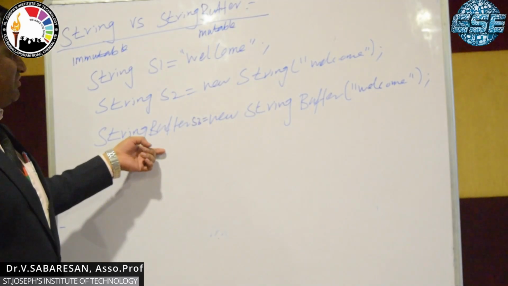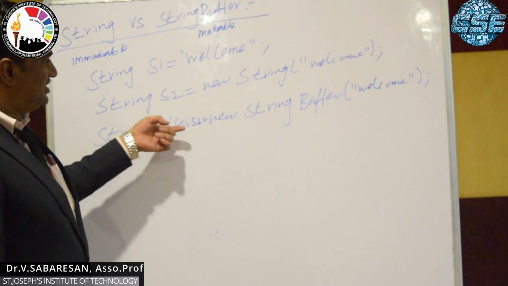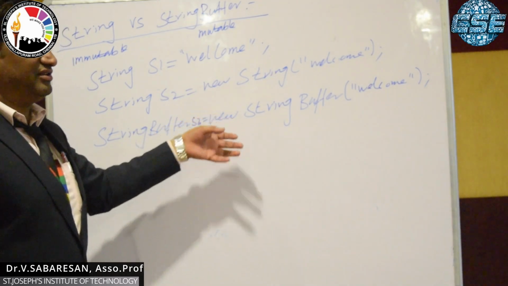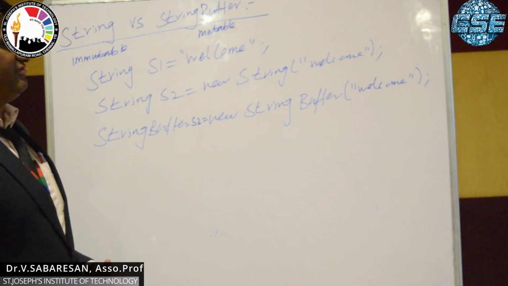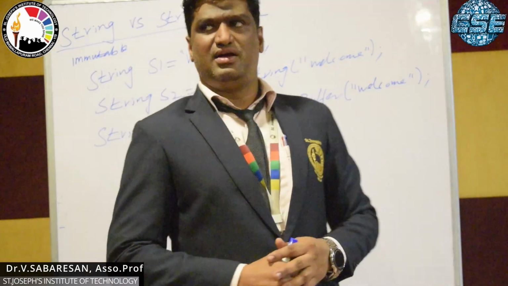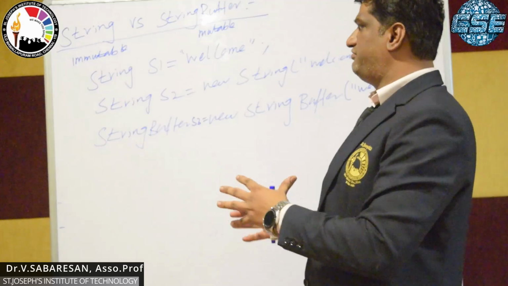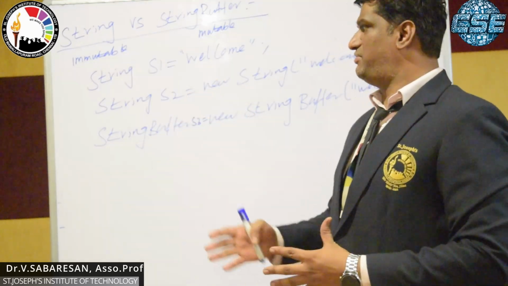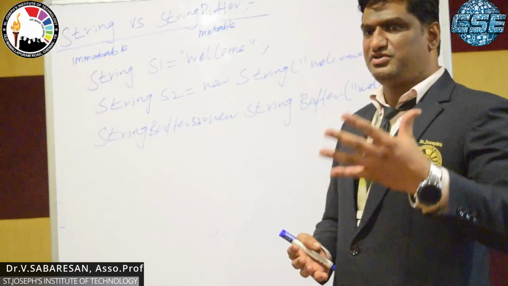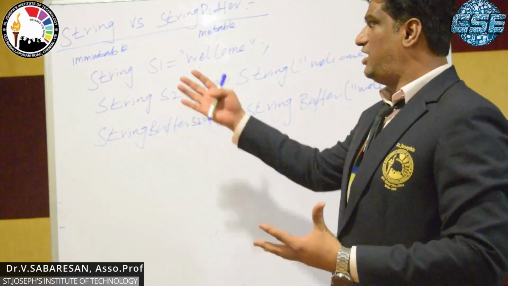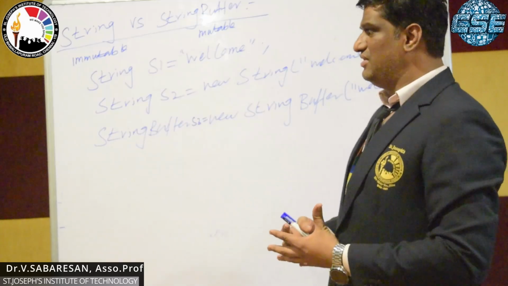But in StringBuffer classes, you create the variable or its object only with the help of the new keyword. The major difference between String and StringBuffer is that String is immutable. What's the meaning of immutable? Any operation performed on a string object can only be printed or assigned to another object. But in StringBuffer, the particular value itself is changed.